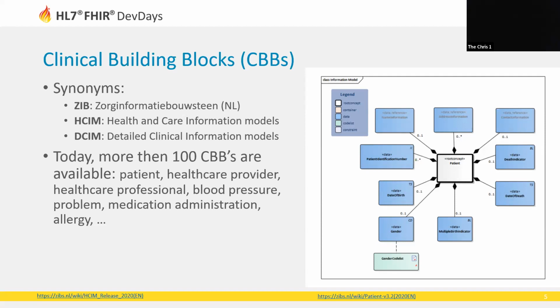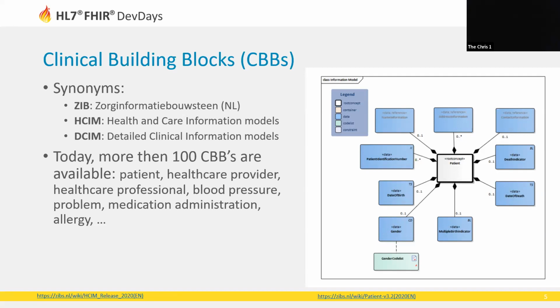But they're all kind of the same, just information blocks, helping to actually grasp, okay, if we talk about the patient, what do we actually mean with that, or which concepts do we want to exchange or register if we want to fill out the patient information model. And here you see the UML of the patient clinical building block, and there are currently more than 100 of them available.